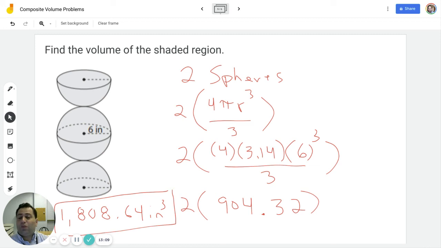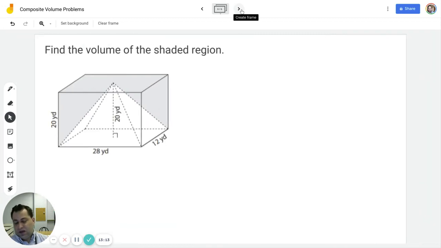Okay, there's one more problem left on the worksheet, and it is a rectangular prism with a pyramid cut out. So I have a prism minus a pyramid. Prism, again, area of the base times the height.